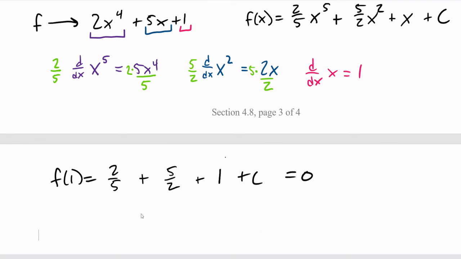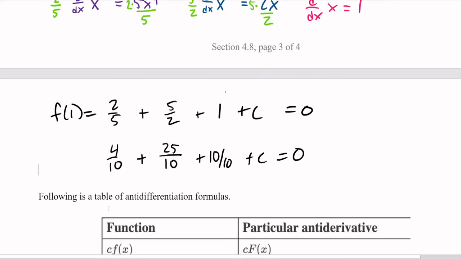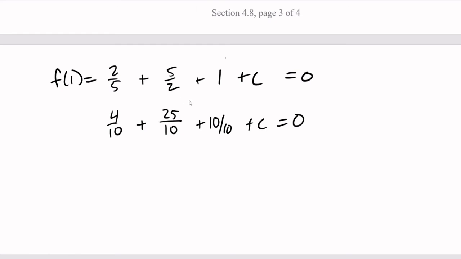Okay, so we just got to combine these, right? So this is going to have common denominator of 10. So then this is going to be 4/10. You can just do this in a calculator too. Multiply by 5, 25 over 10 plus 1, which is 10 over 10, plus c equals 0. Right? So then this is going to be 39/10. C is negative 39 over 10.